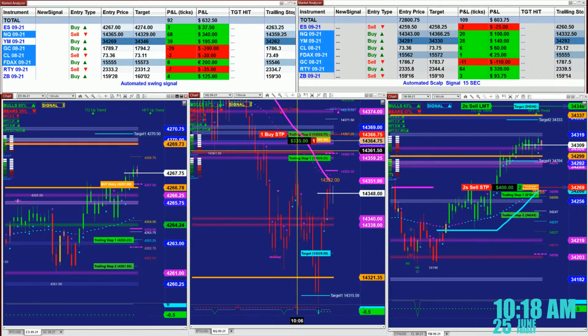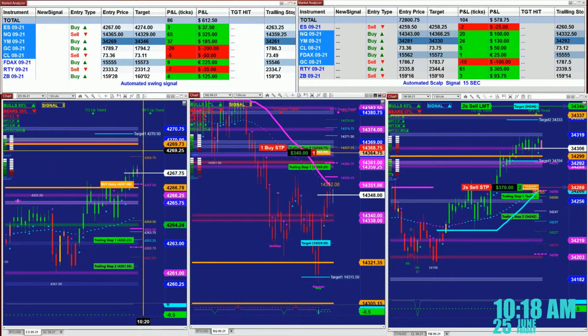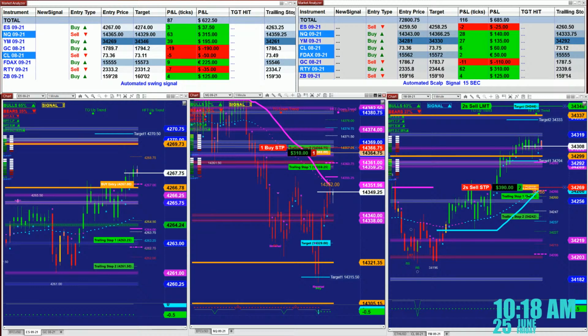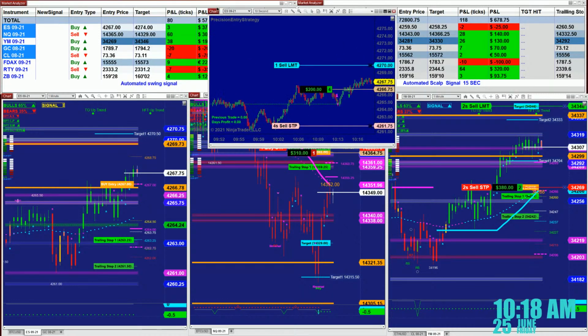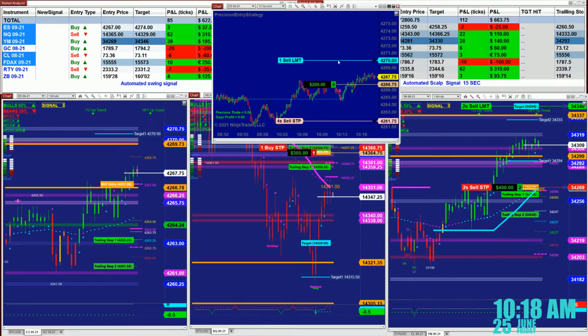So what I'm saying is, this here is a very, very critical area, and that's why I start covering the lower time frame, because of the volatility here.